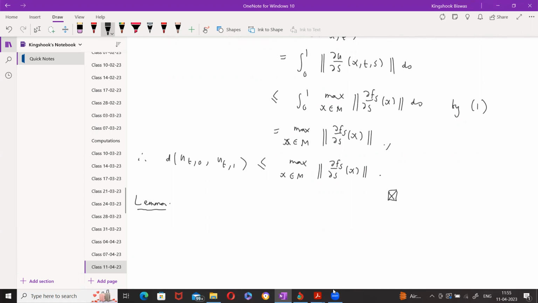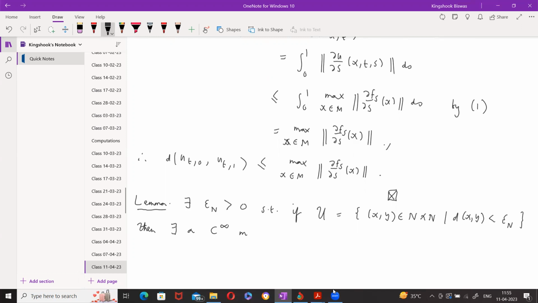There exists an epsilon, depending on the manifold N, positive, such that if script U is the set of (x,y) in N cross N such that the distance between x and y is less than epsilon_N, then there exists a smooth map gamma from U cross [0,1] into N.